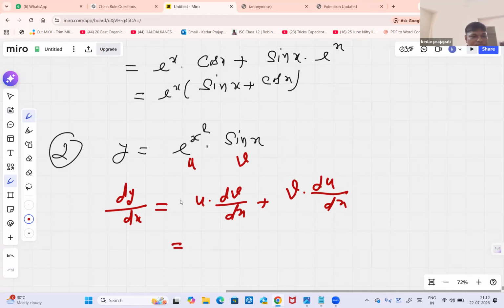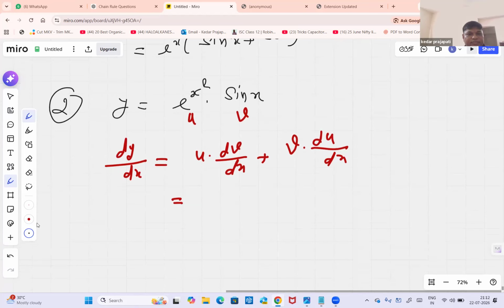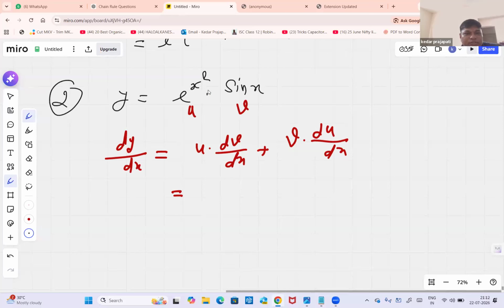So u comes outside now, we are not differentiating u here. So e to power x square into d by dx of v, sin x, plus v, which is sin x.